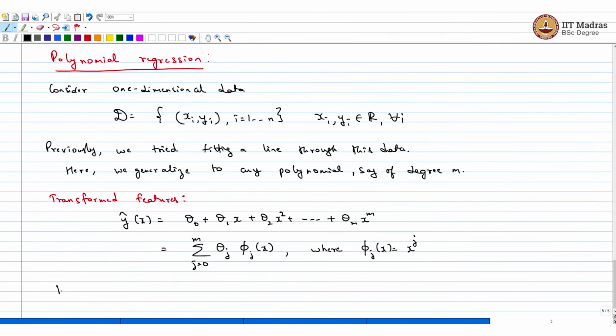So for a given x, the transformed feature vector phi of x is nothing but 1, x, x square, until x power m.